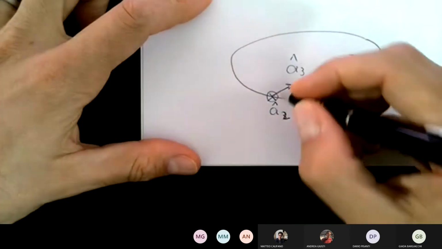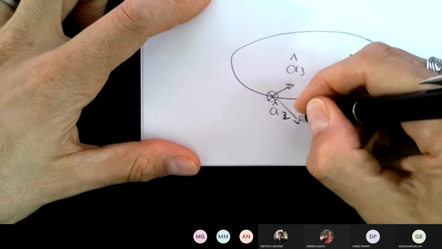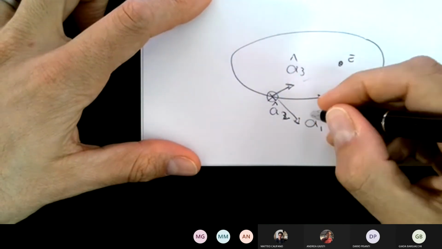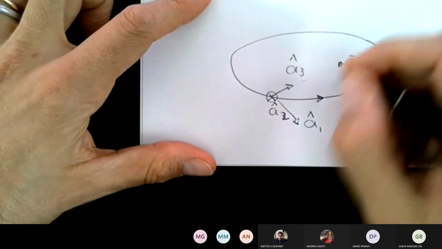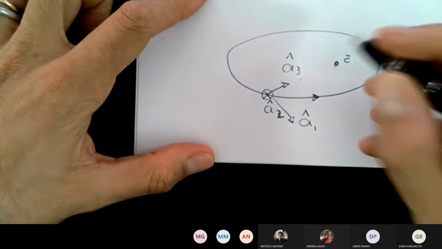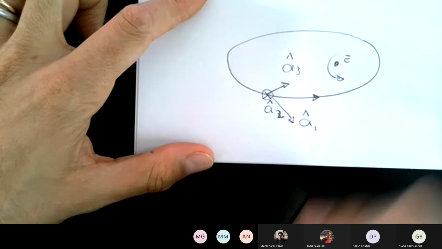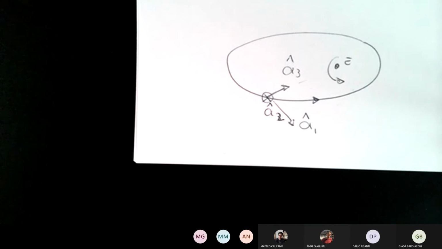And then A1 is this way. So obviously the angular velocity for a problem like this, where it's a simple rotation about this axis, is a vector that is going to point at us. It's a single axis rotation.